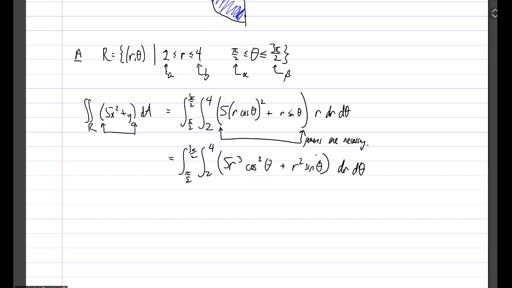Keeping the outer integral from pi over 2 to 3 pi over 2, integrating with respect to r we have 5r to the fourth over 4 cosine squared theta plus r cubed over 3 sine of theta, evaluated at r equals 4 and r equals 2, and there's still this d theta at the end.